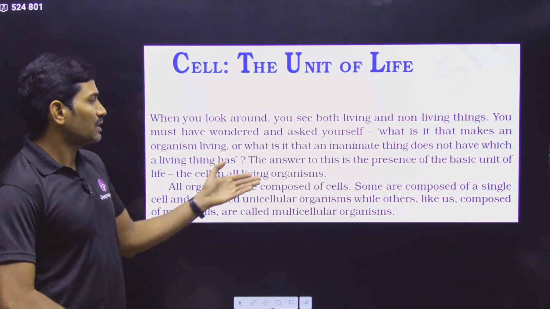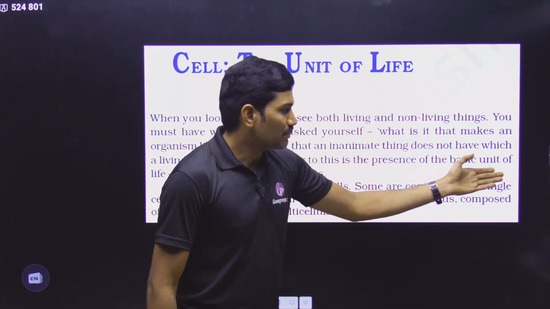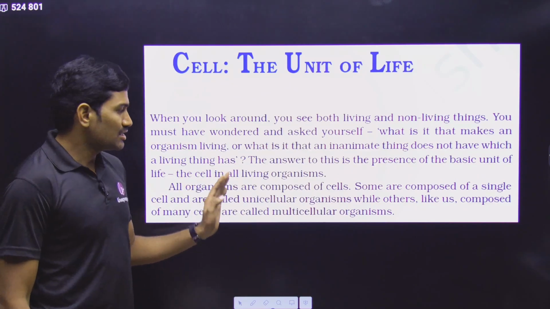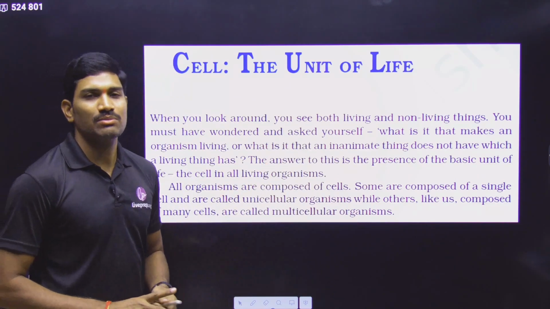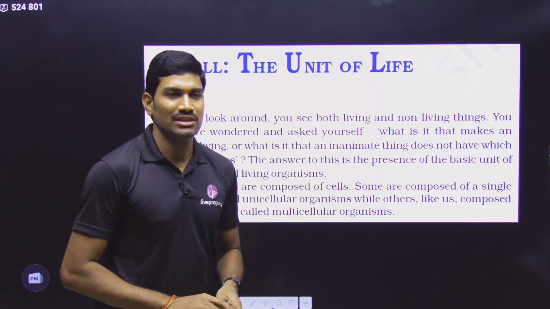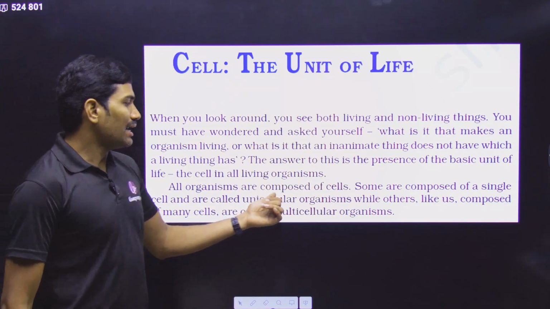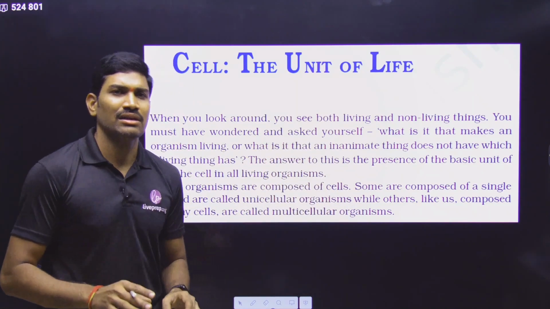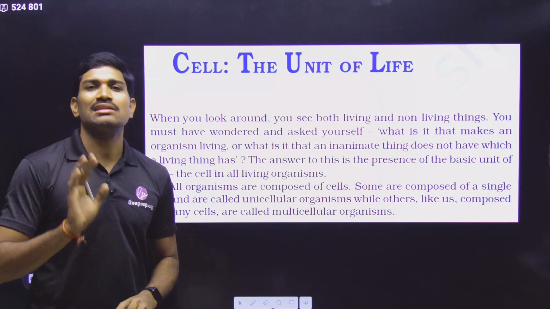So what is that? The answer to this is the presence of the basic unit of life that is called the cell, that is present in all living organisms. That means cell is present only in living organisms. It is not present in non-living things. That's what they are saying. Next one, all organisms are composed of cells. So whichever kingdom you take, if it is an organism, compulsorily cells should be present.